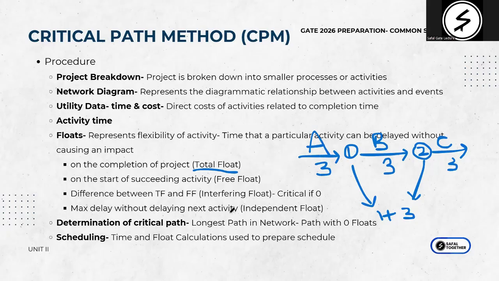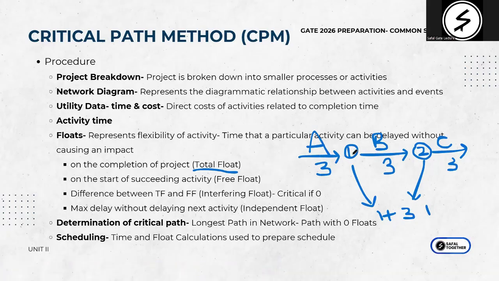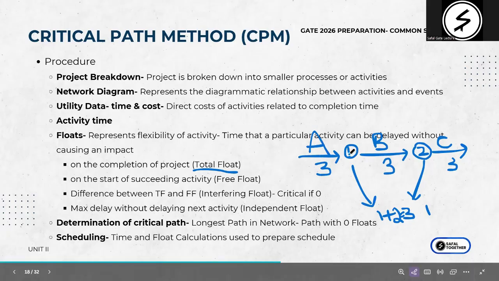And your interfering float is basically total float minus free float. In this case, 1 plus 2, equal to 3. So 3 is your total float in this particular case, and your free float is 1. So 3 minus 1 is 2, which is your interfering float.